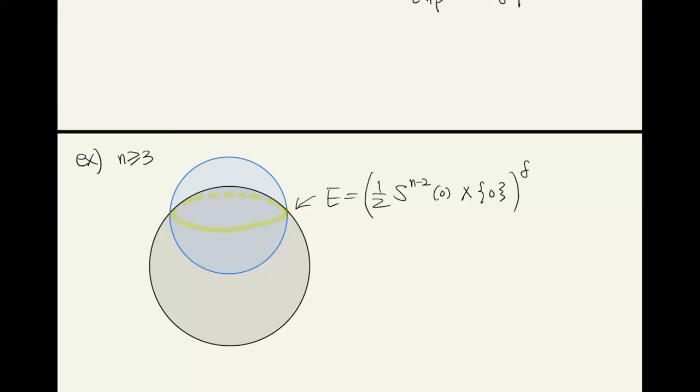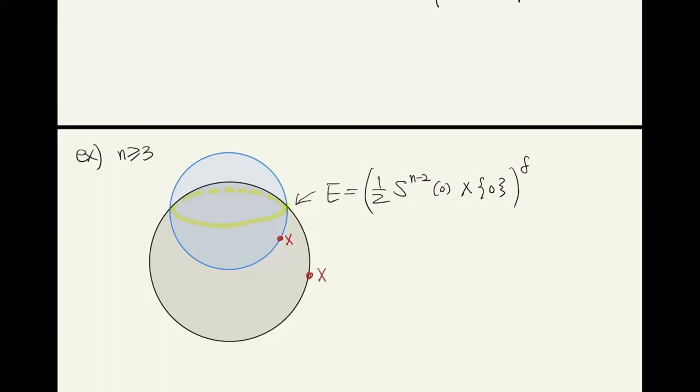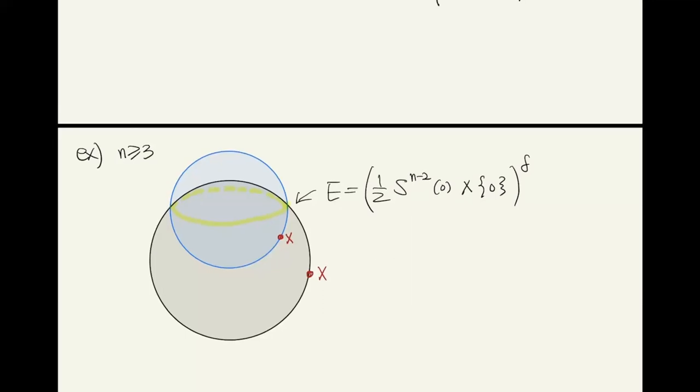Then if x belongs to the larger sphere, this maximal function applied to the indicator function is at least the measure of this set over delta, because this annulus contains this set.